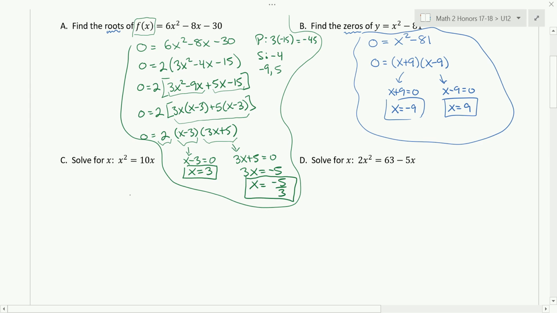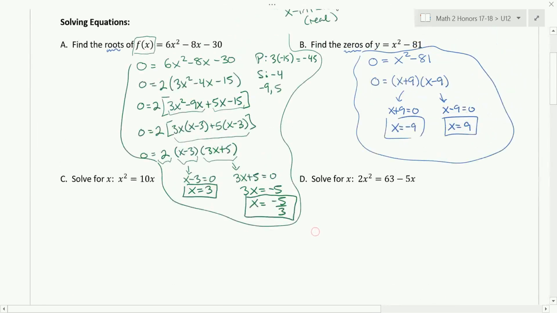So part C and D, notice here it's just saying solve for x. We got these equations. And if you want to solve for x, the first thing you need to do is let your equation equal 0. So make your quadratic equal 0.